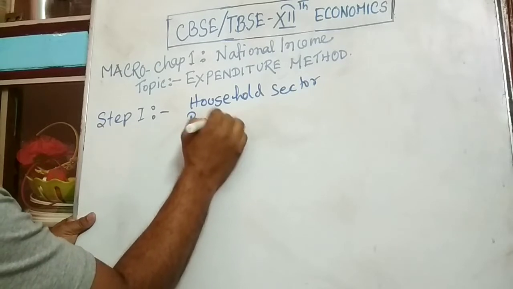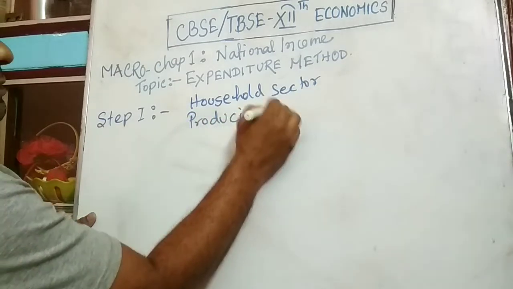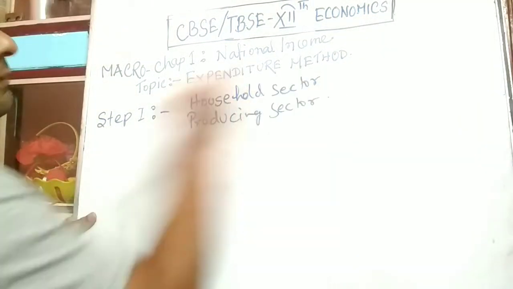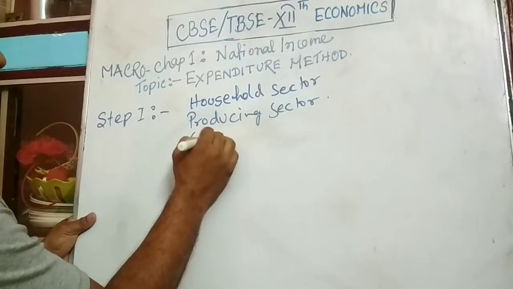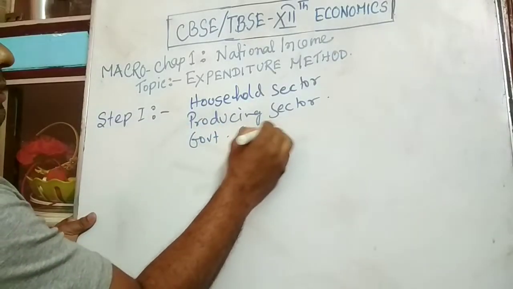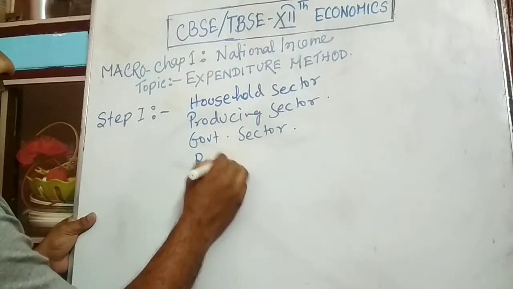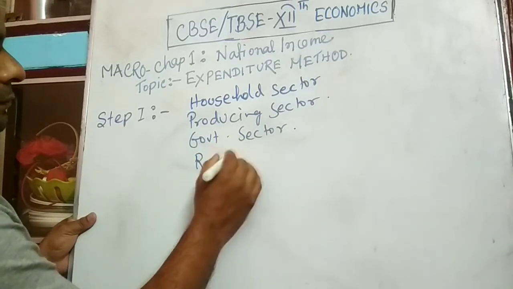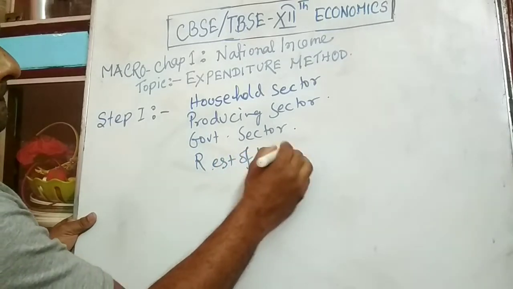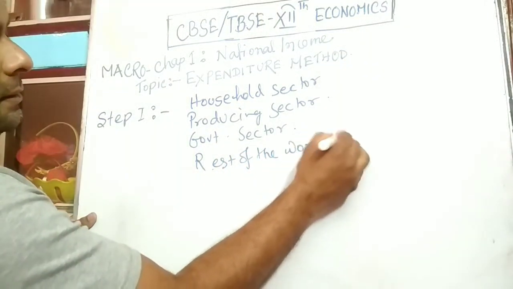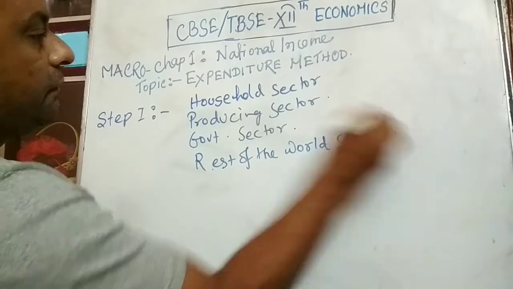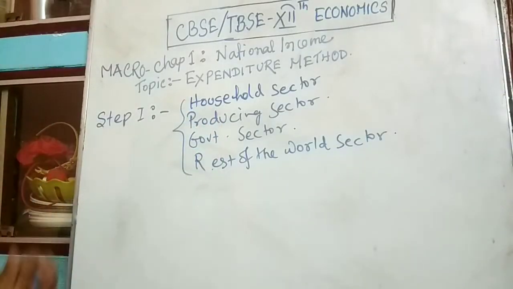Then the producing sector, they also make final expenditure. Then the government sector, and finally the rest of the world sector. These are the four sectors which make final expenditures.